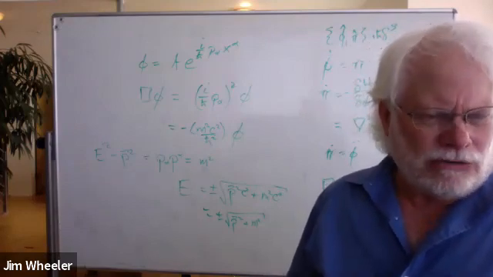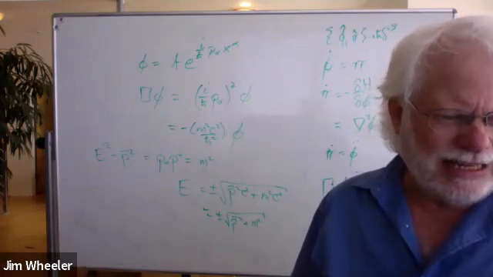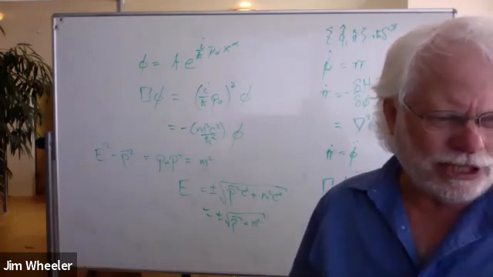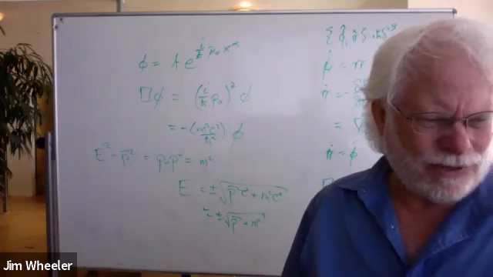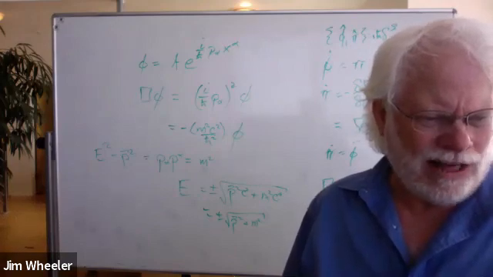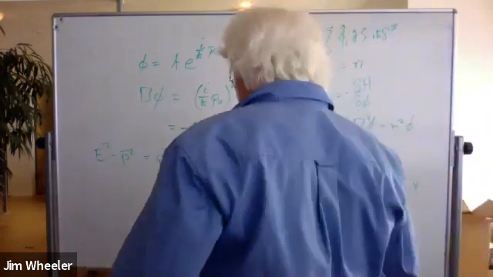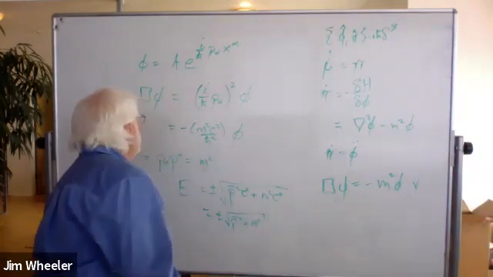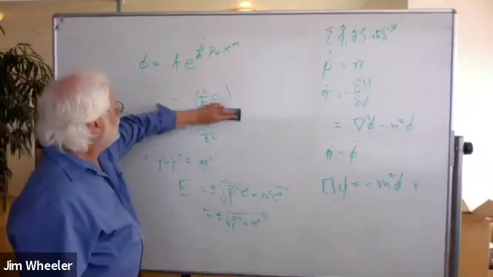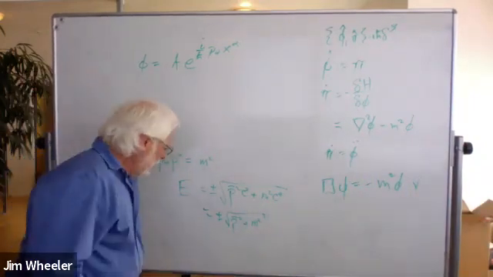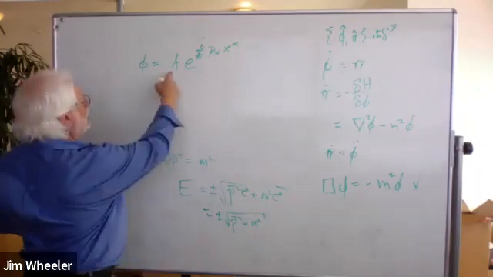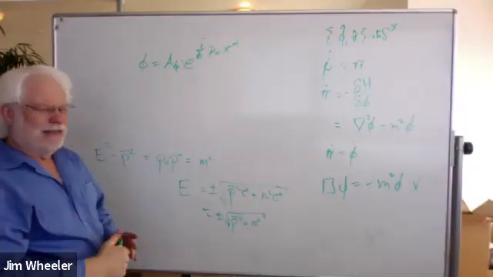So we can write a general solution as a Fourier superposition. Now I have to wonder why I've got this particular coefficient, but I guess it doesn't matter. I'm allowed to, because this A could depend on p.